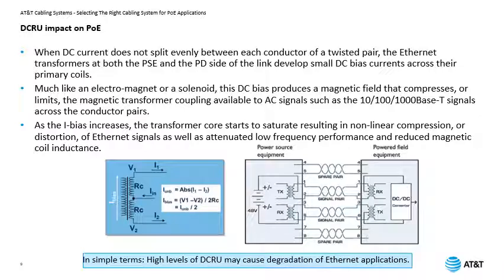In simple terms, high levels of DCRU may cause degradation of Ethernet applications. Therefore, it is very important to have proper DCRU values for cabling systems.